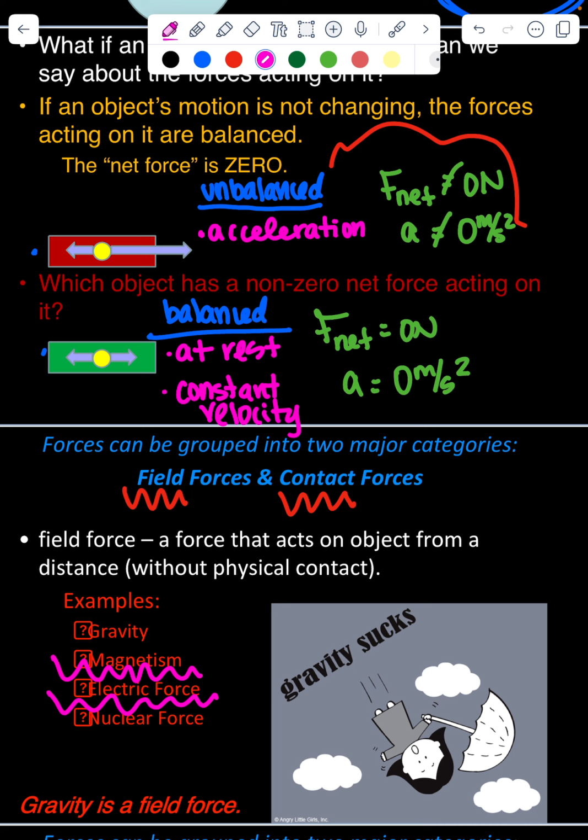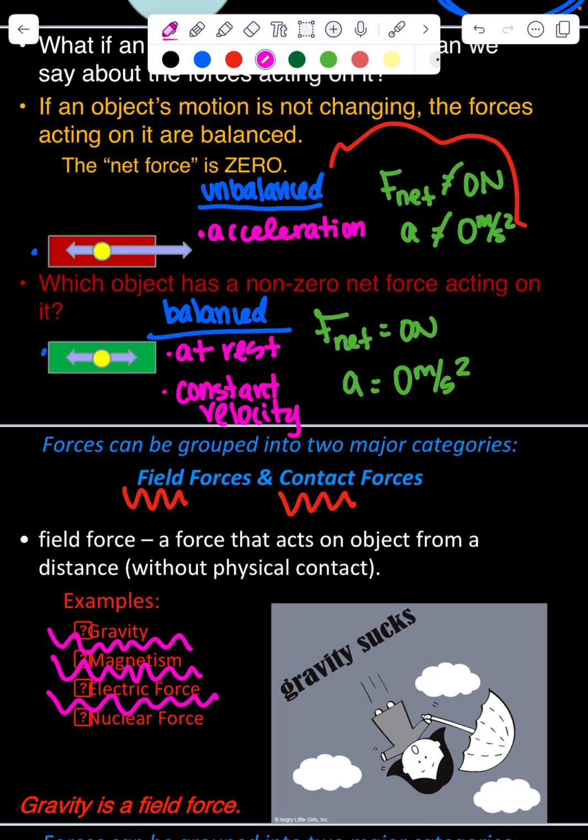All right, gravity is going to be one of the biggest ones that we come in contact with every single day. Our gravity comes from the earth. Everything exerts gravity, but Earth is very large, so that's where most of our gravity comes from.